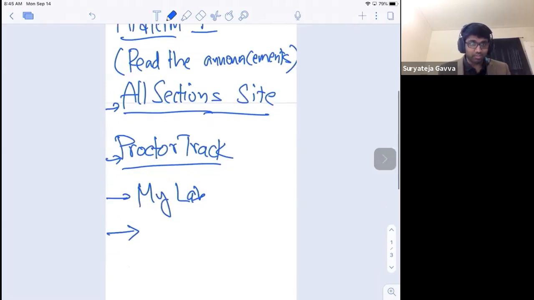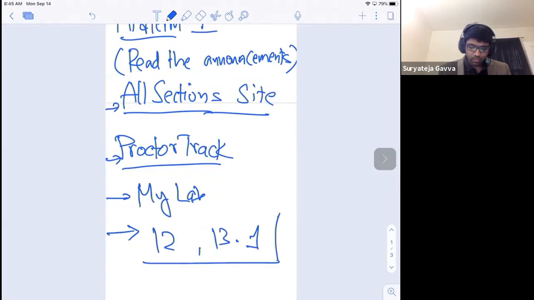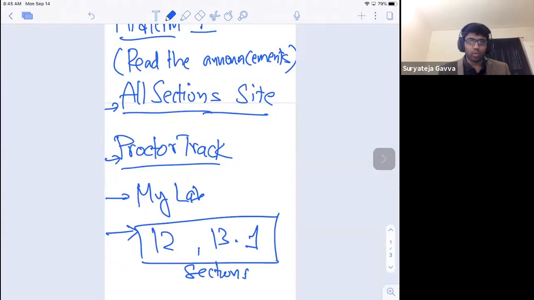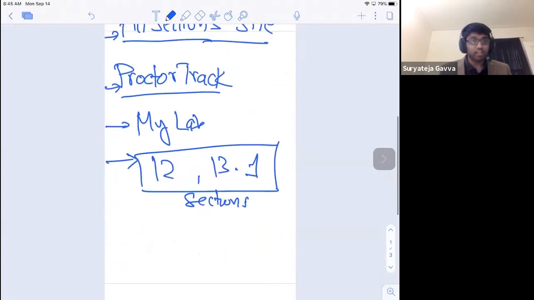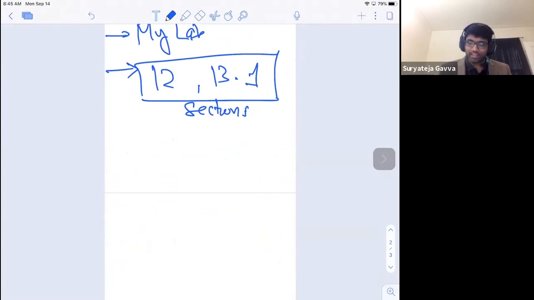The midterm covers chapter 12 and section 13.1. That's the technical information. Please make sure that you are practicing. I posted some exam guides and other resources for you to practice, so please practice problems on these sections.